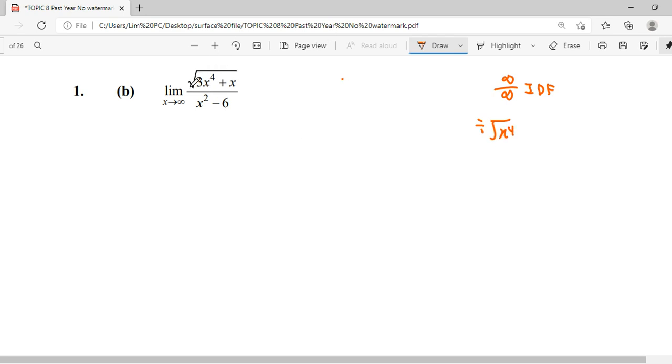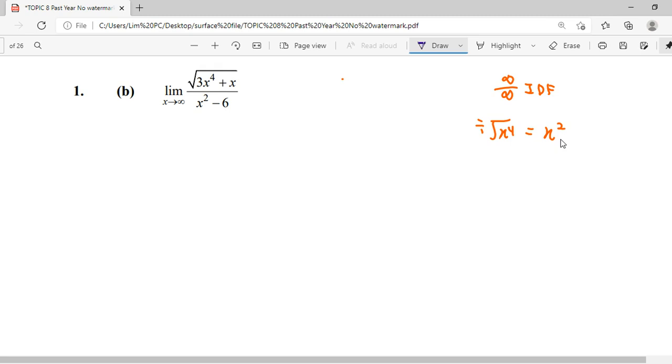Under this surd 3x power 4 plus x, they will be divided by surd x power 4. But for the quadratic function outside, without the surd, we divide by the simplified form: the square root of x power 4 is x squared. So outside the surd function, we divide by x squared.